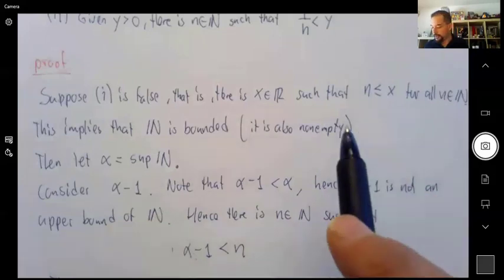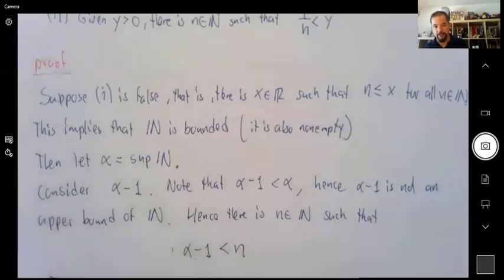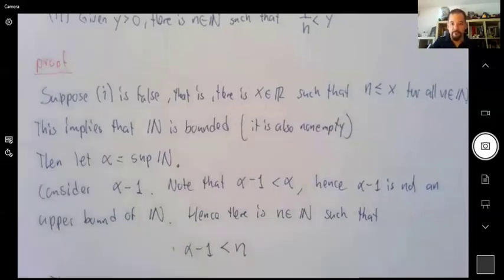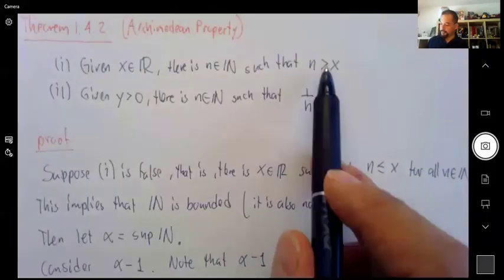So that's why this feels weird, right? But it's not because of little n, because little n is in the natural numbers. Yes. Okay. Thank you.